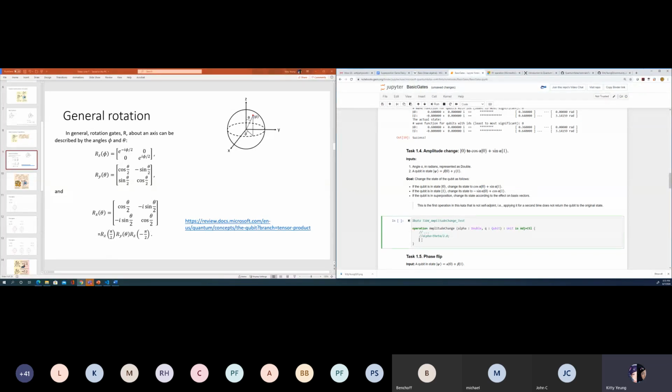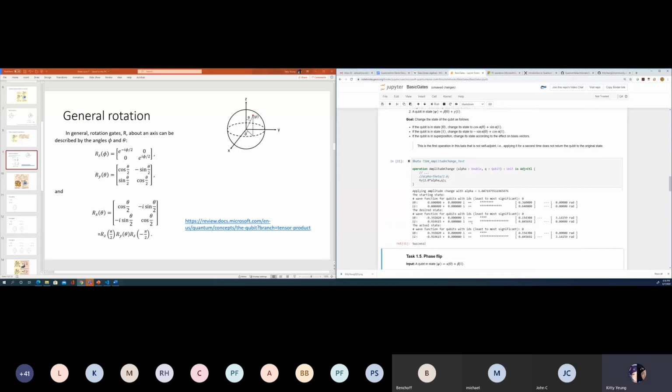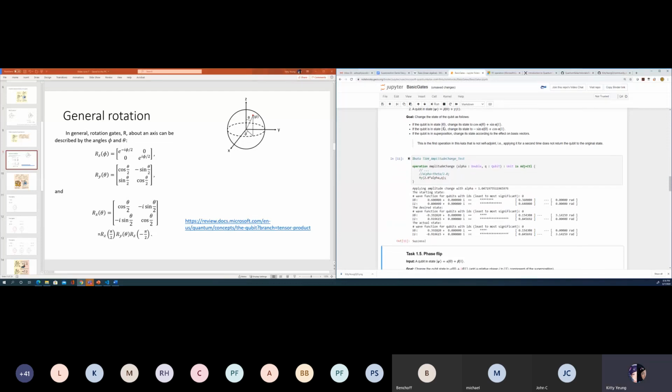So here you would do Ry. You're applying it to your qubit, but you have to give it an angle. Because our intrinsic Bloch sphere angle is theta, in this case you would just represent your first angle as theta. So you just times alpha by 2.0. And that should do it. Yep. That's how you put these 0 and 1 states into these two states according to this matrix here.